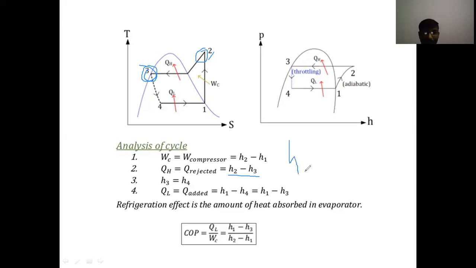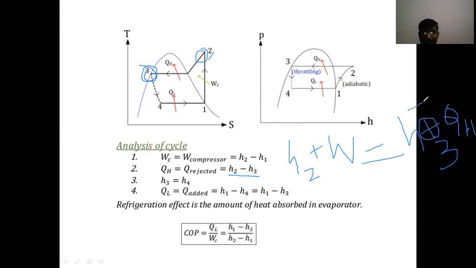Therefore, H2 plus W is equal to H3 plus Q, that is QH here. But QH is rejected heat, so this is taken as negative.